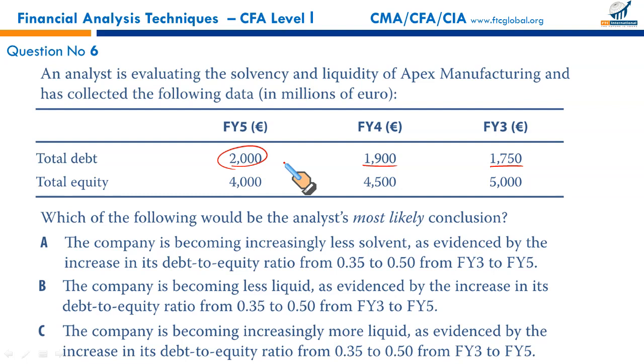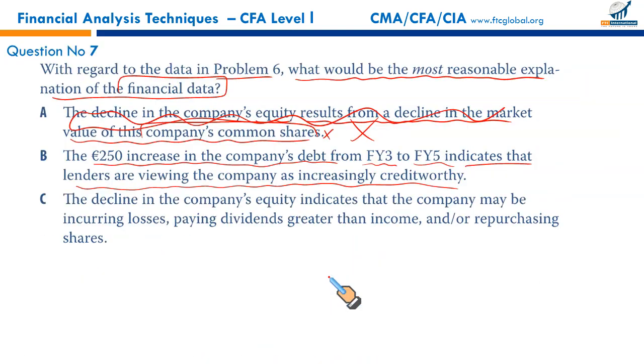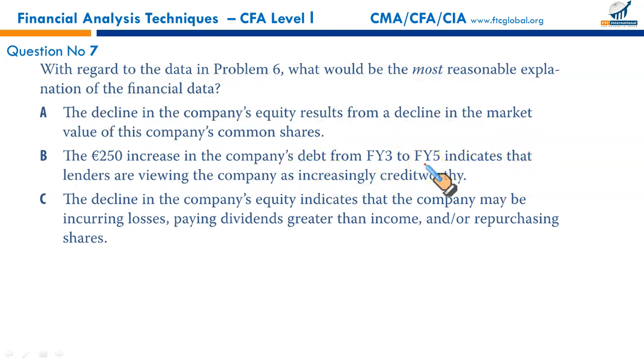Fund providers provide funds as long as you need it, you are willing to pay the interest, and you're capable enough to pay the interest. So we cannot assume that because we have been given a loan of $250 million, we are more creditworthy. In fact, our creditworthiness is in trouble. Our solvency is falling every year. We can't assume that. This is not a right option. Creditworthiness is not determined just by your ability to pay interest only. There are many other factors as well.